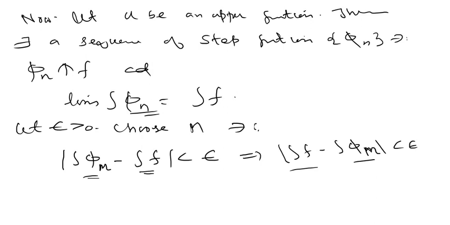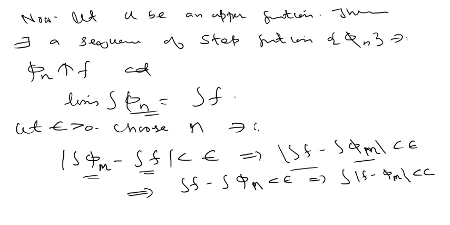So this means that the integral of f minus the integral of phi m is less than epsilon, which implies that the integral of f minus phi m is less than epsilon. I replace f minus phi m by its modulus, because again it is a non-negative number, so we can replace this by its modulus also.